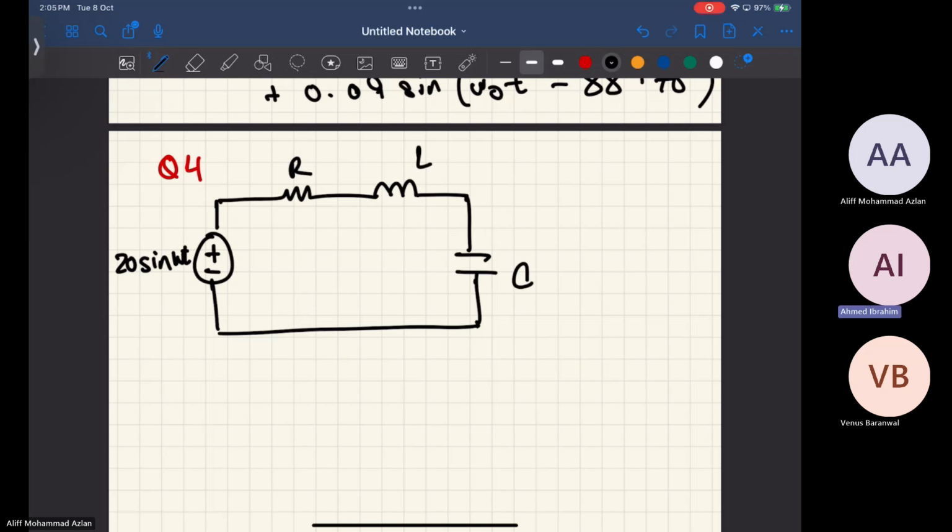And we're asked to find the resonant frequency, the half-power frequencies and bandwidth, and the quality factor. This will be quite similar and just following from the slides.